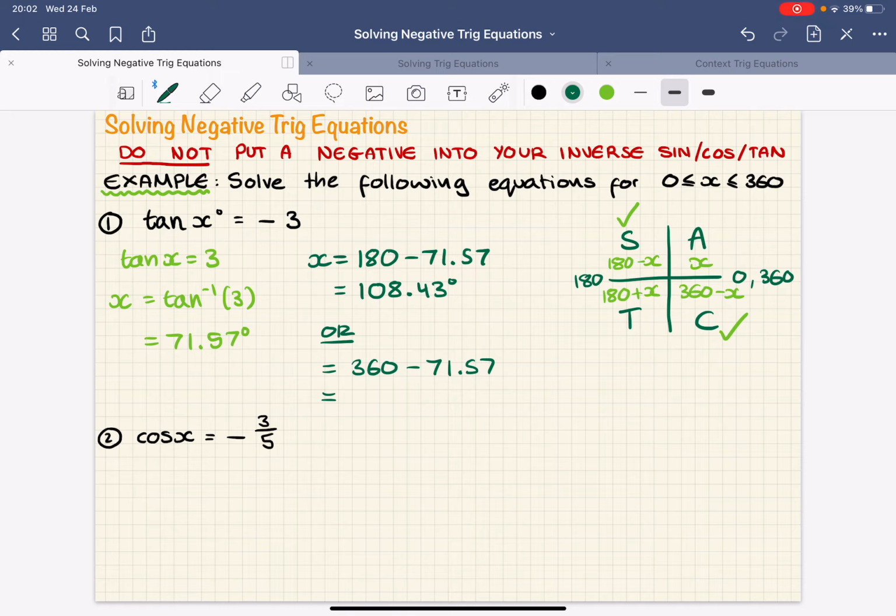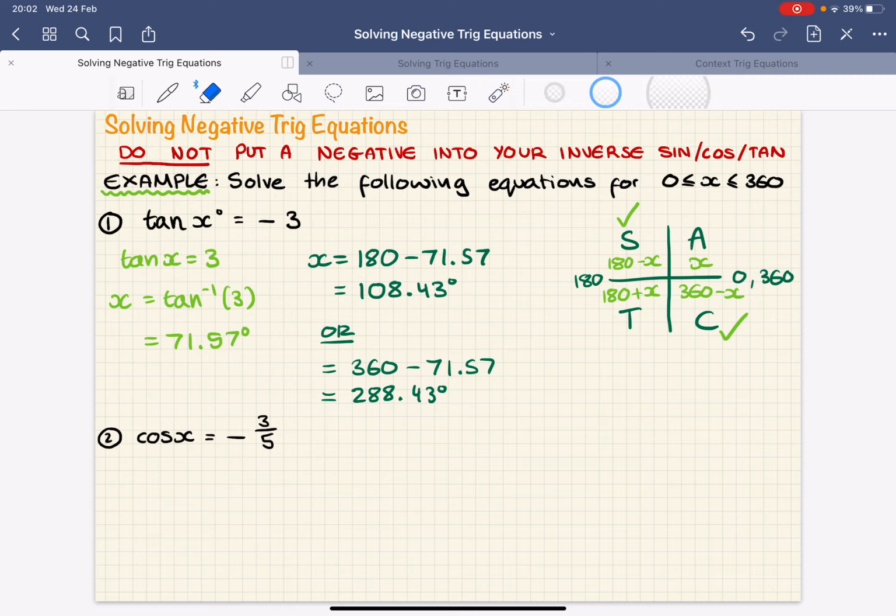And so that would just be 288.43 degrees. So again, I just drop the minus sign and just work with it as a positive, find out what that x value is, and then I use that for the two sections where my tan is negative.